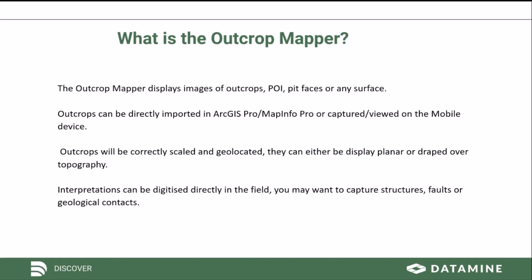These will, when they go into, say, an ArcScene or Discover 3D, be in the correct space at the correct height and all scaled, and you can digitize on top of them. So it's scaled, geolocated, can be planar, just like a flat image, or draped over topography. And you might want to interpret things like structures, faults, geological contacts, whatever you want.